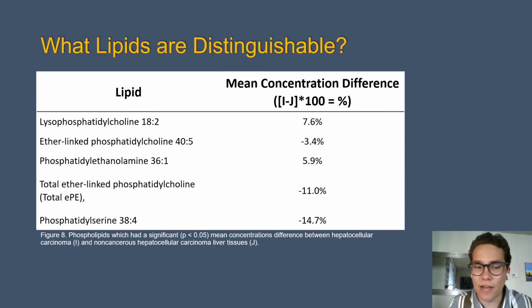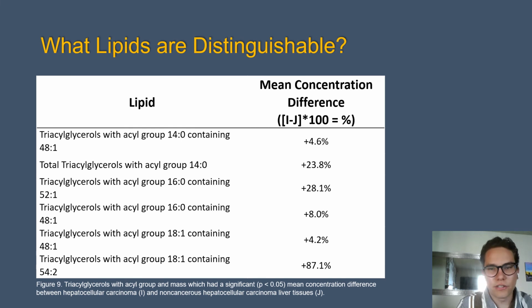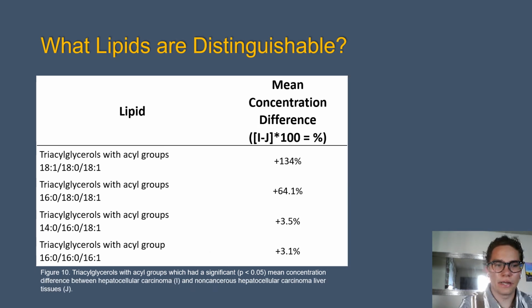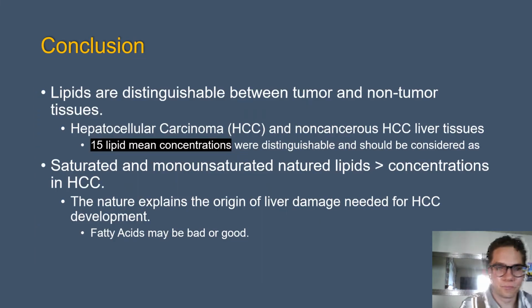And phospholipids actually decrease, while triglycerols we can see increase. This is the triglycerols with 2 acyl groups and some mass to form my triglycerol, and the highest one we have here is 87% mean concentration difference. And again, triglycerols with 3 acyl groups, we have 134% mean concentration difference higher in HCC tissues.